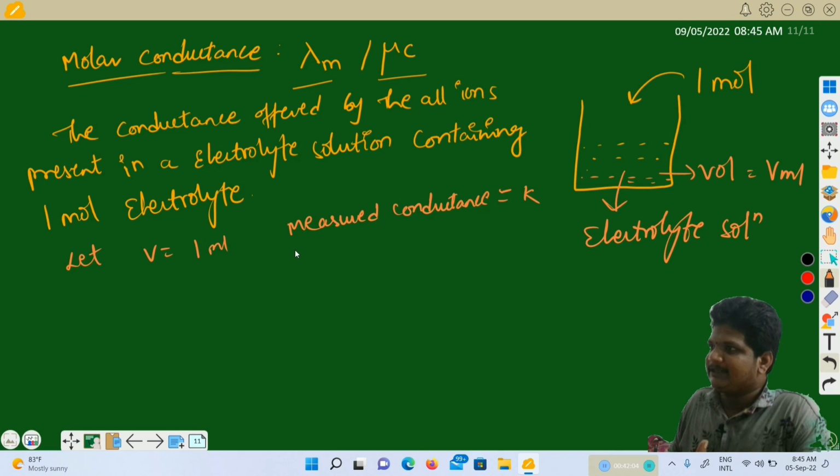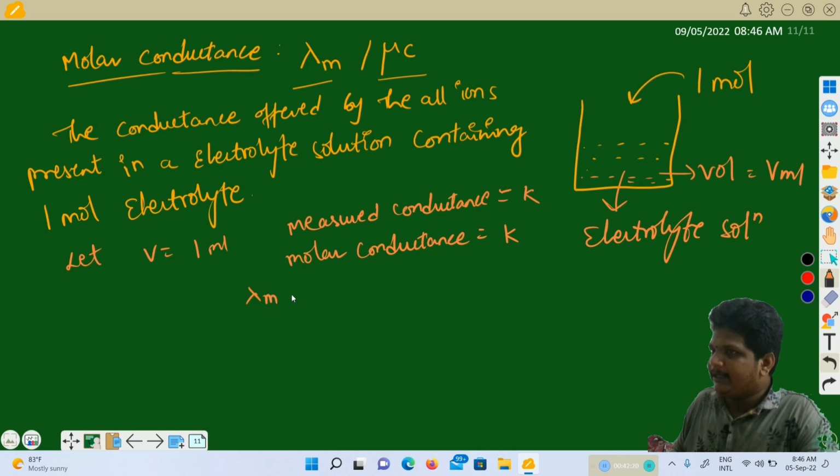The conductance of that 1 mole electrolyte is the molar conductance. So lambda m is equal to kappa.